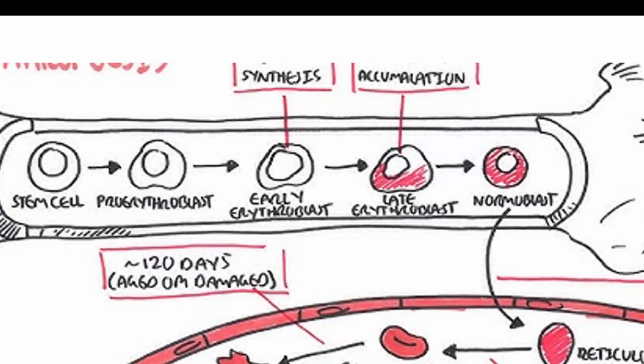Okay, is it clear to the students that RBCs have a lifespan of 120 days in the adult body? I hope it's clear. If yes, then let me know in the chat box and we will move forward to the next question.